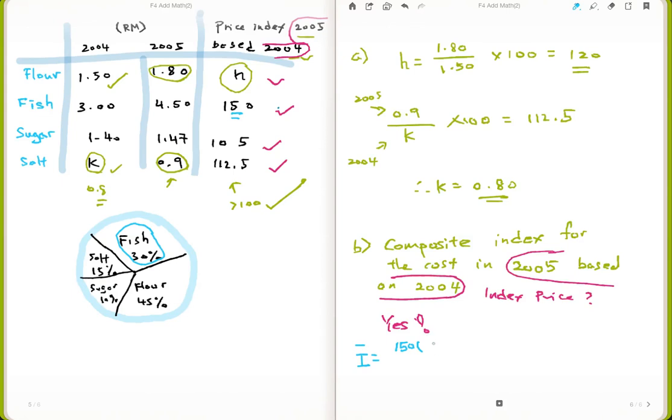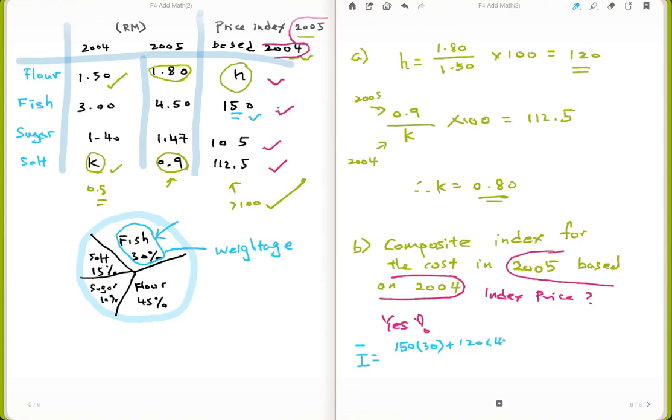You may times with 30, because it's 30%. Use the price index times with the percentage, the weightage. You use the price index times with its weightage. You sum all of them plus what?